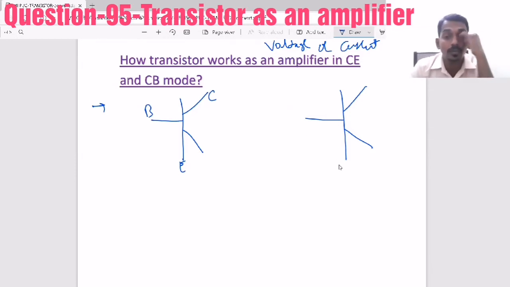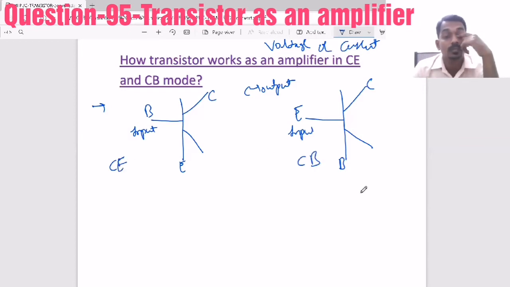Another one is common base, with base, emitter, collector. Collector is output. Common emitter means base is input, and common base means emitter is input. This is CE mode and this is CB mode.